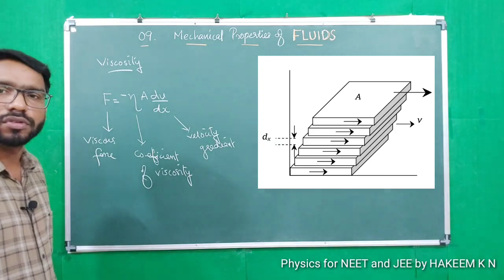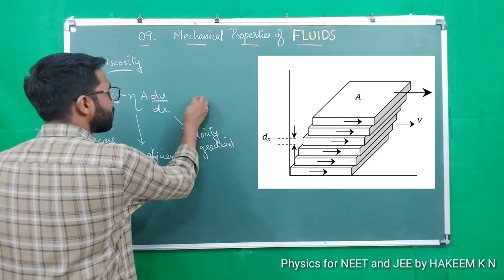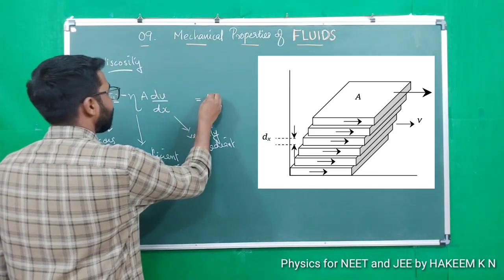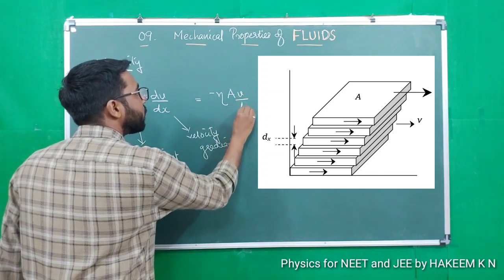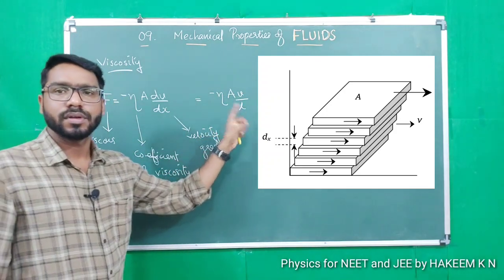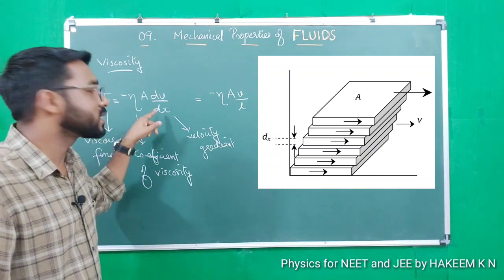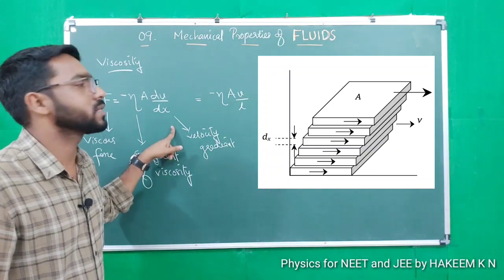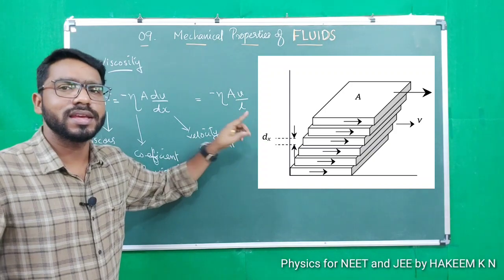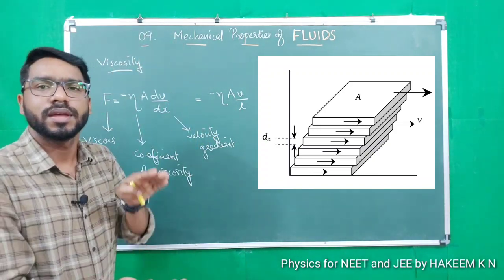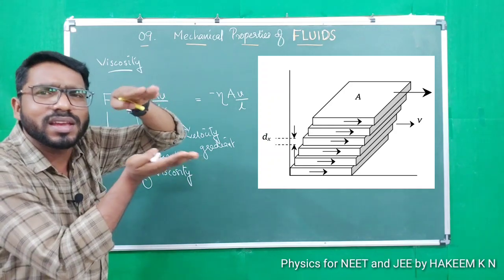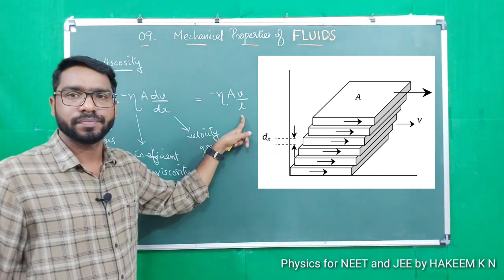Eta is called the coefficient of viscosity, and this equation we can rewrite as F equal to minus eta A V by L, if velocity is not given as a function of displacement. So L is the perpendicular displacement, the perpendicular thickness of liquid layers.